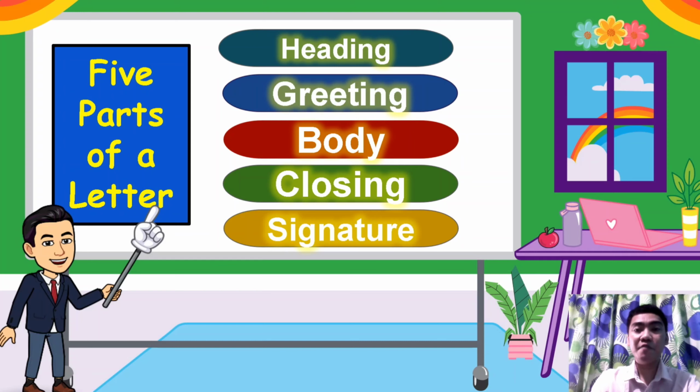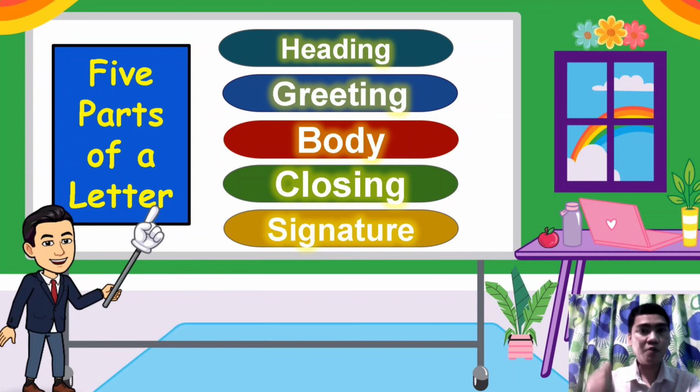We have heading, we have greeting, we have body, we have closing, and the last signature. Again, there are 5 parts of a letter. So we have the heading, greeting, body, closing, and signature.